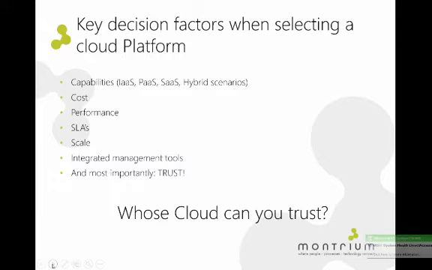Of course, there's the cost, and there's the rapidly declining cost as the scale goes up. Microsoft has announced that we will match Amazon's price cuts, and we have actually followed through with that almost to the day that the price cuts have been announced. So today, the cost of running a cloud workload is a fraction of what it was even 2 years ago. And of course, there's performance, SLAs, as well as scale.